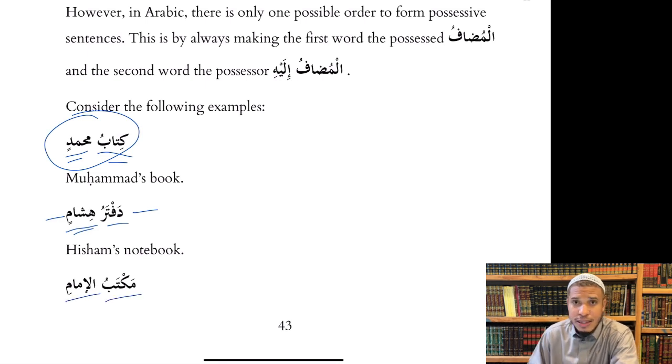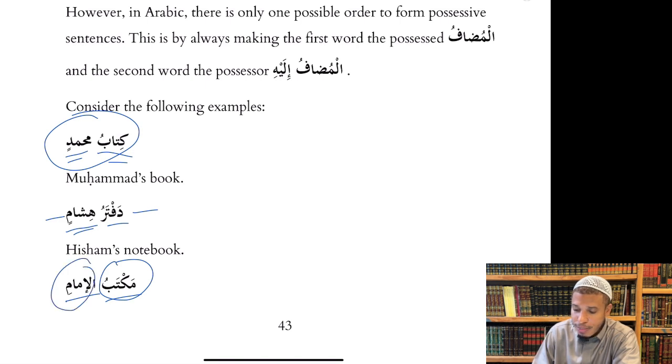Maktabul Imami, the Imam's office, or the office of the Imam, however you want to translate it. Maktab is mudaf, and al-Imam is mudaf ilay. He's the possessor, the Imam.